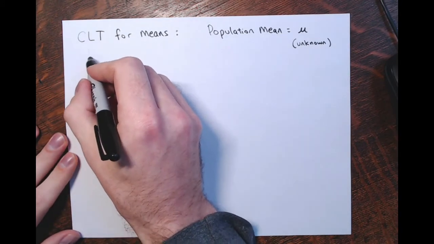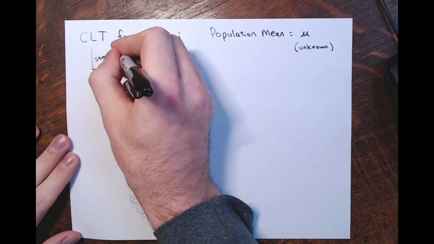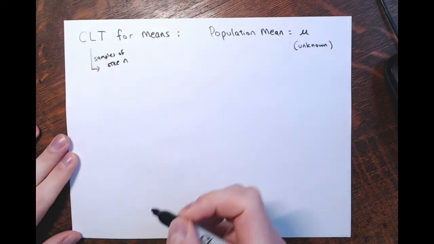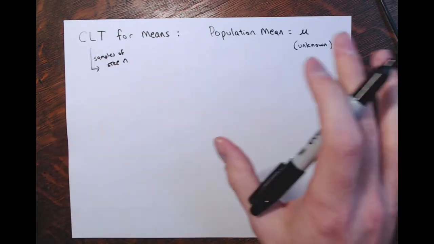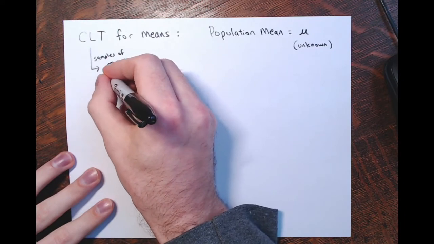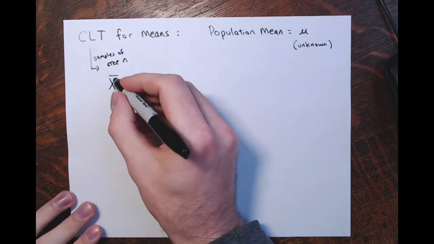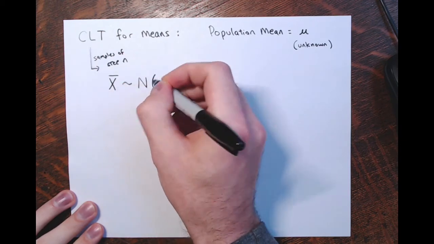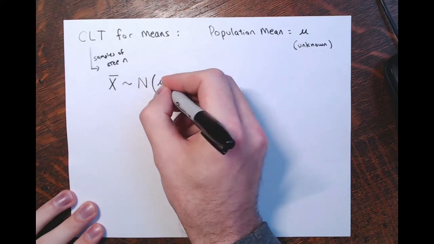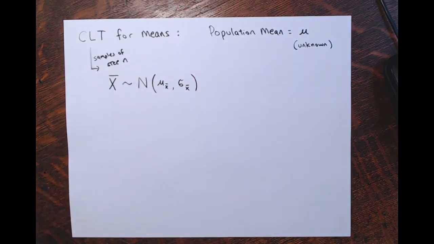Now by the central limit theorem, if we pull out samples of size n from the population, take their averages, their x bars, and look at all those sample means, then if the sample size is large enough, maybe 30 or greater, or if the population was normally distributed, the distribution of all those sample means tends to be normal, with a mean called mu sub x bar, the mean of the means, and a standard deviation sigma of x bar, the standard deviation of all those sample means for samples of size n.